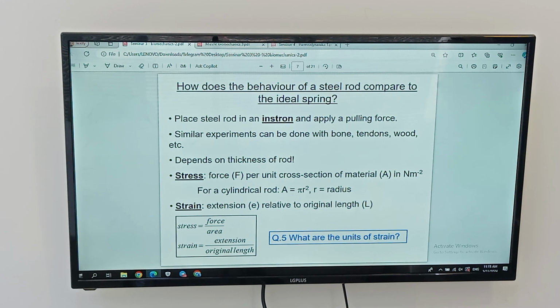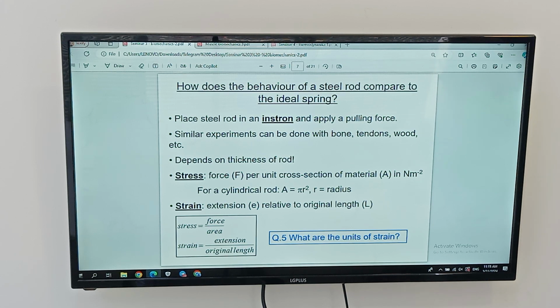The first one is the stress, which is the force per unit area. Let's imagine you have a steel rod on a surface, and you apply some type of force over the top of the rod. This rod will undergo two forces on it.